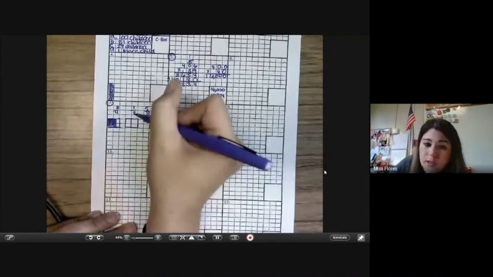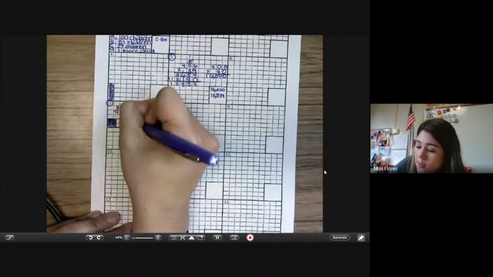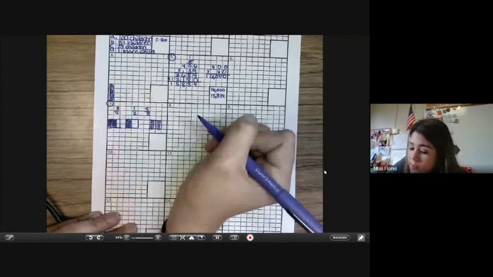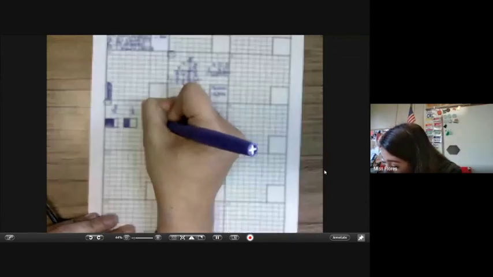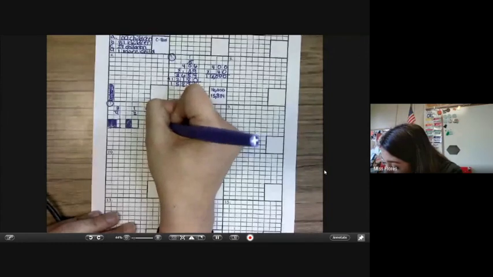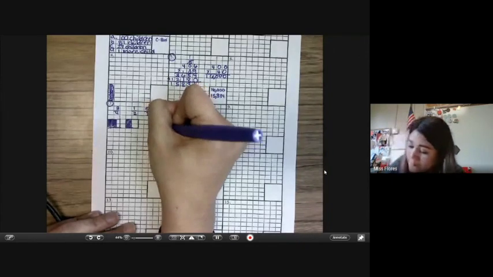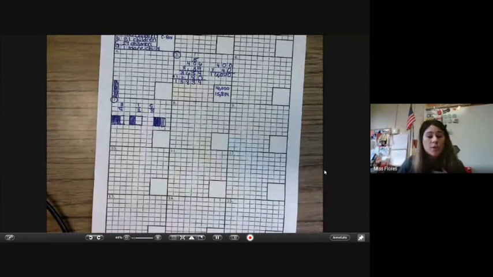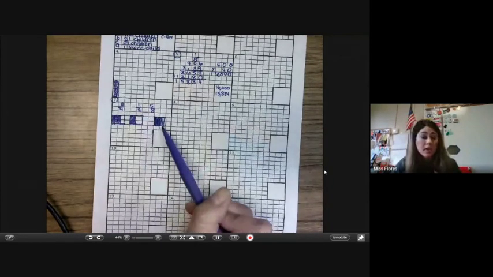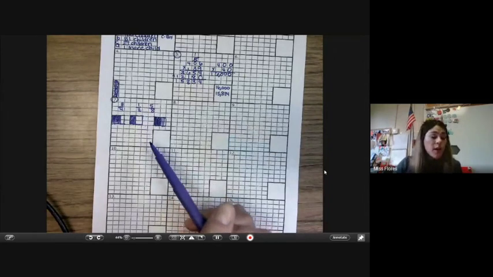Okay, this one I'm going to shade in 1 piece because that is my numerator for this fraction. This one I'm going to shade in 5. 1, 2, 3, 4, 5.